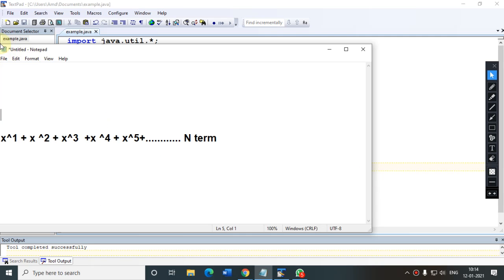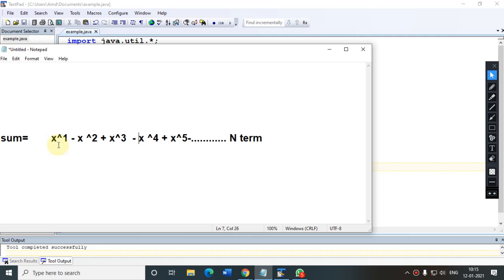The question is, you need to print the sum of the following series. Please note down. Very small change I am telling you. Now note down carefully.